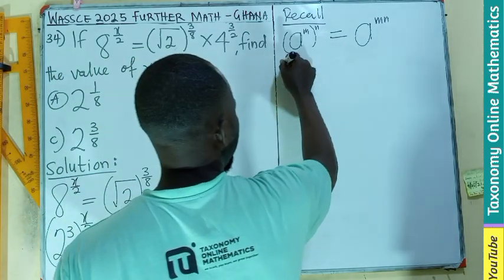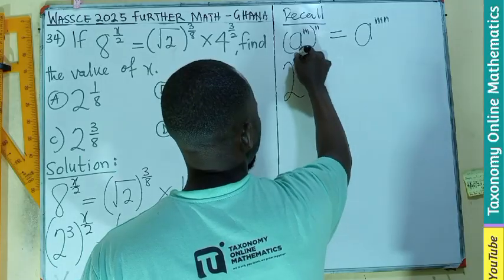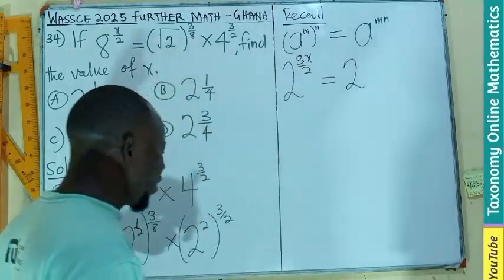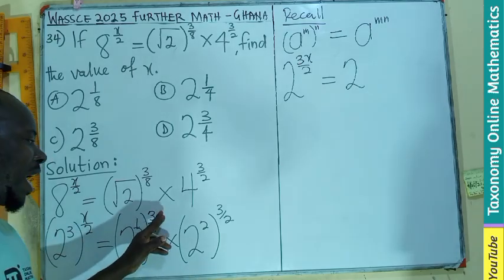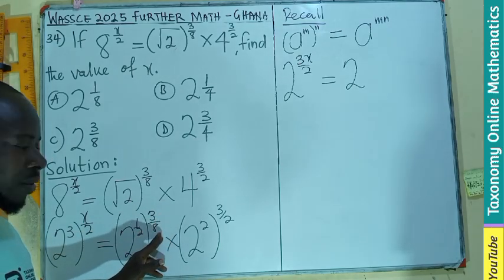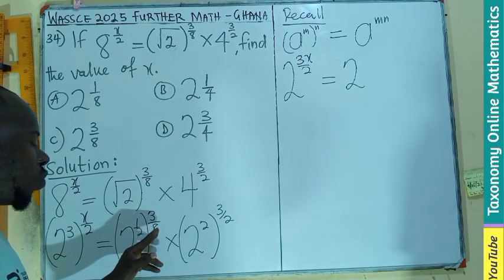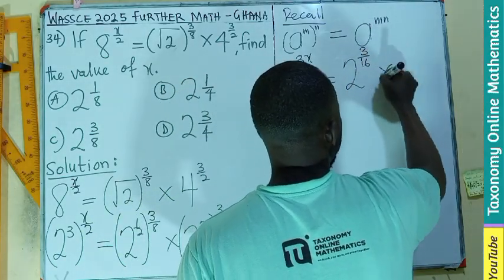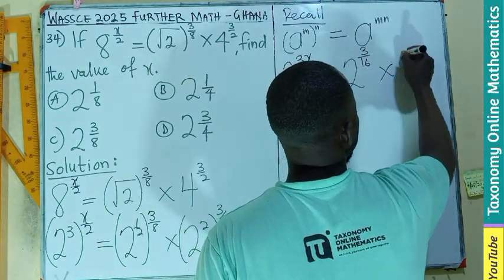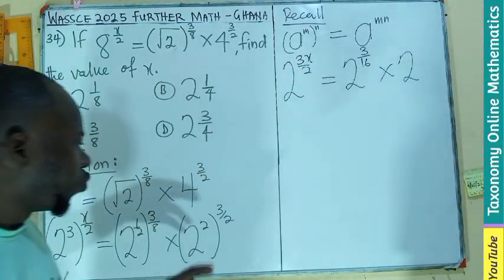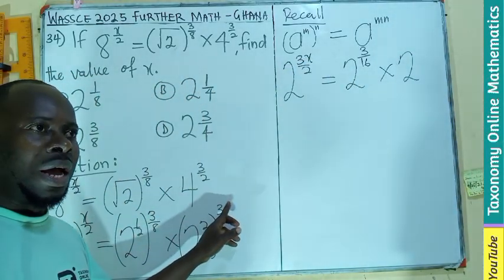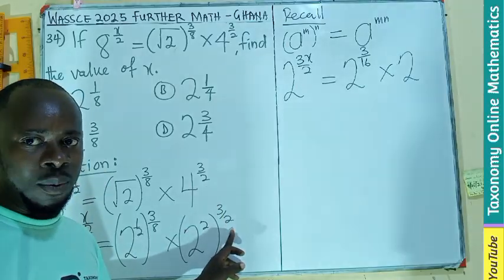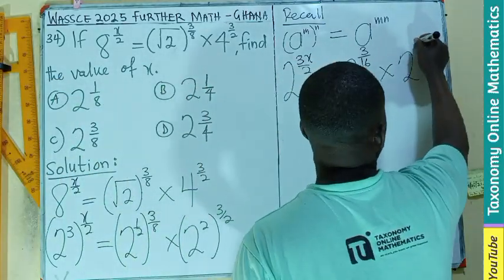So this is going to be 2^(3x/2) equals 2^(1/2 times 3/8). 1 times 3, 2 times 8. That will give you 3/16, times 2 exponent of 2 times 3/2, which will give you 6/2, which still becomes what? 3.